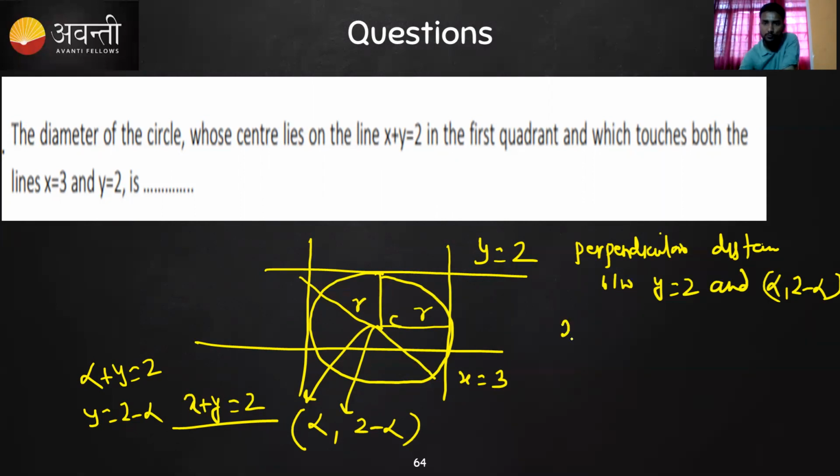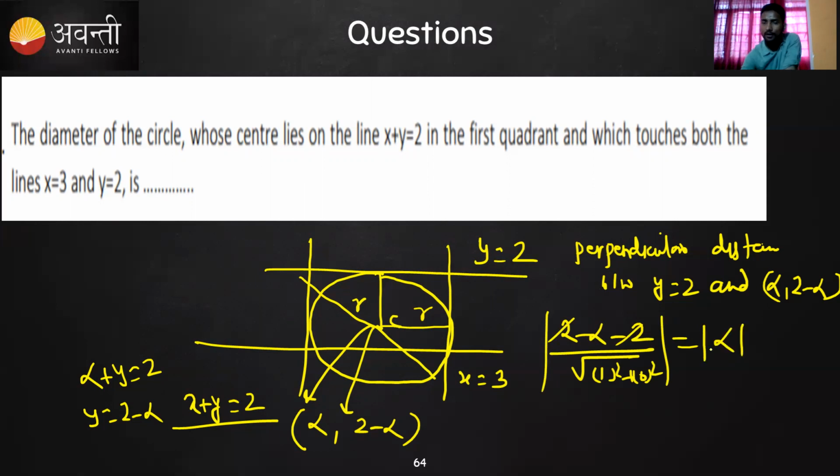So basically it is 2 minus alpha minus 2 divided by root under 1 square plus 0 whole square. So from here what you will get, guys? It will be mod alpha, and it is equal to nothing but the radius, that is R. It means alpha is equal to R.